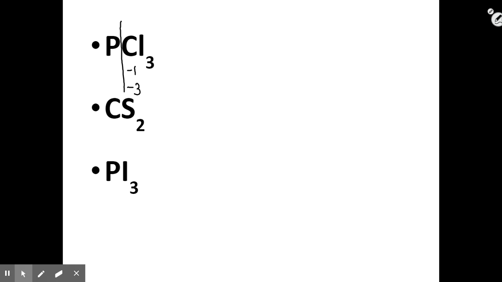If the whole thing has to add to 0, if this side is -3, then this side has to add up to +3. So my answer for each individual phosphorus is +3, and for each individual chlorine is -1. That would be my answer to the oxidation numbers of PCl3.